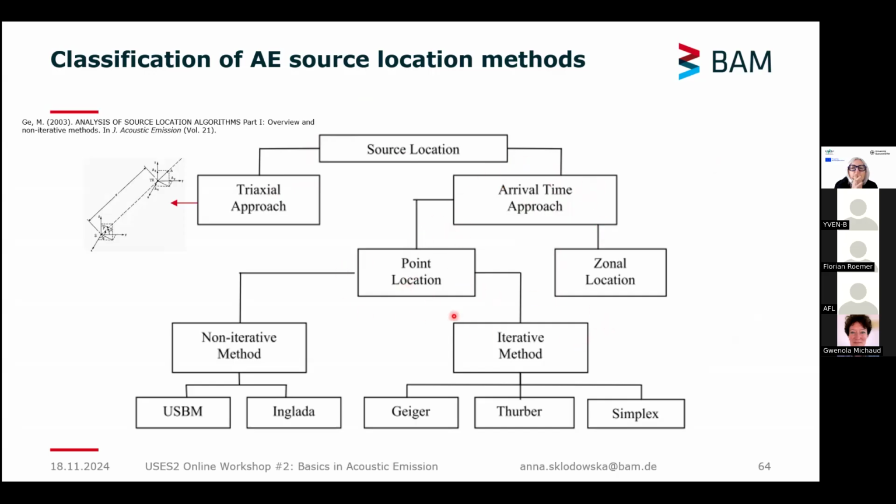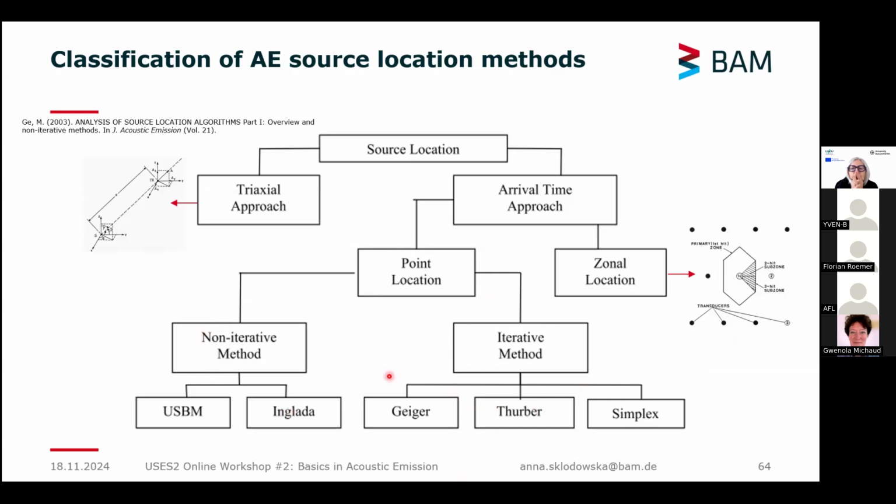And then from this, we have point location, where we want to look at the exact point where the source is nucleated, and zonal location, which is used for fast estimation of where the event might occur, but we look at the zones, not the exact precise location. And then in the point location, we have either non-iterative methods or iterative methods.